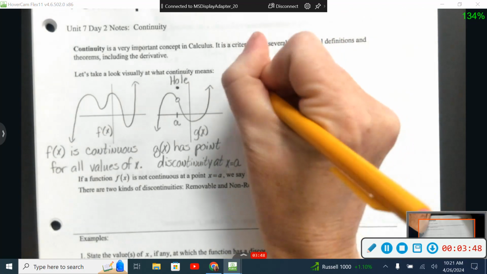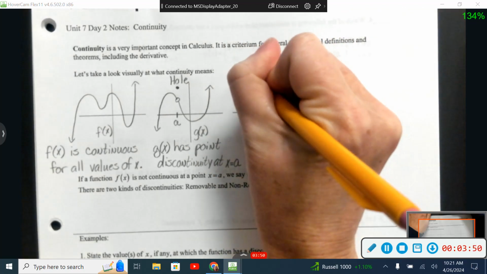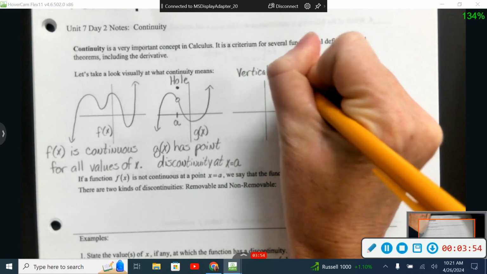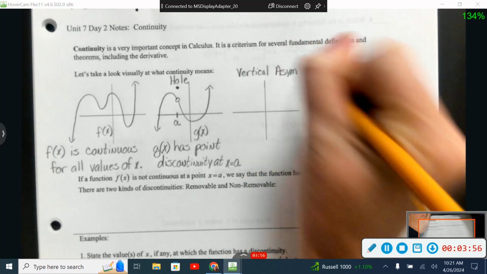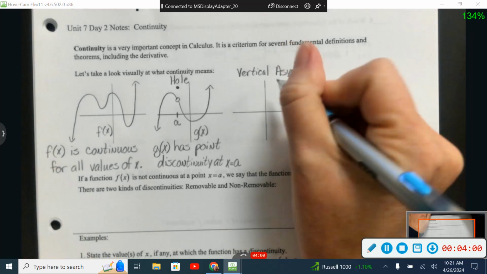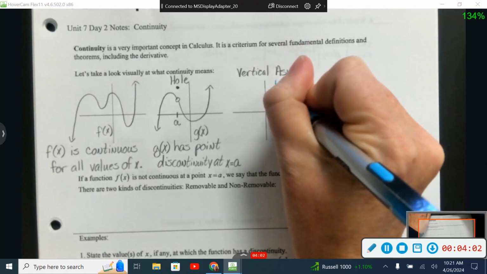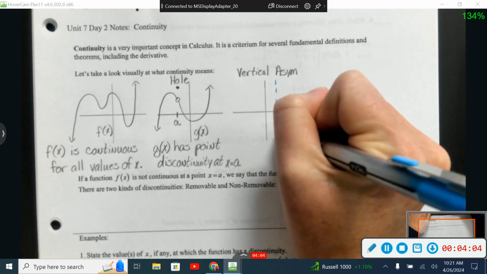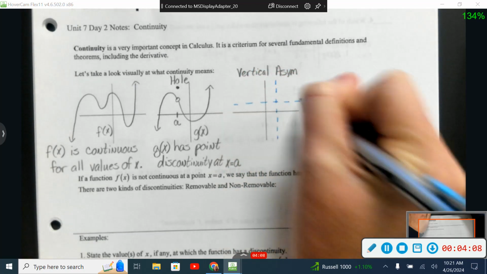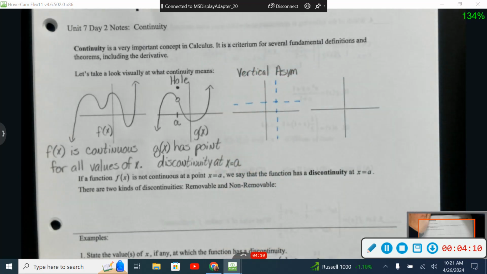All right, our third type of discontinuity is where we have a vertical asymptote. Let me draw an asymptote on here. I'm going to make my vertical asymptote right there, and I'm going to draw a horizontal asymptote right here. It doesn't really matter where the lines are.